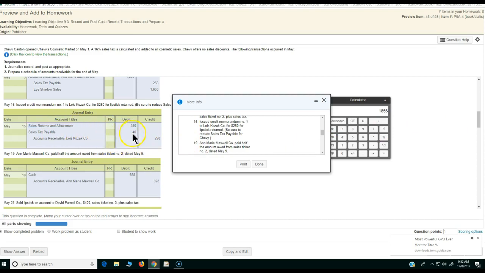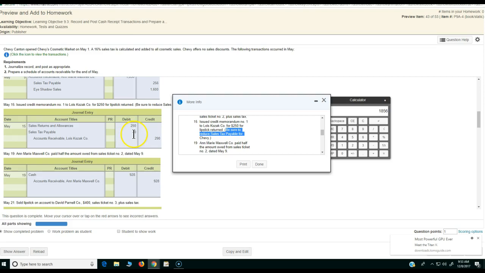So you debit sales taxes payable, that reduces your obligation to the state for the $40 that was tied to the $250 sale. And here you see you're cued to do that in your exercise: be sure to reduce sales tax payable because of the return.